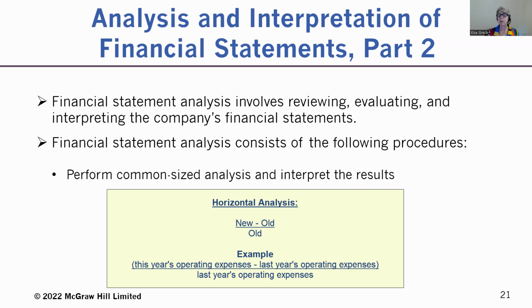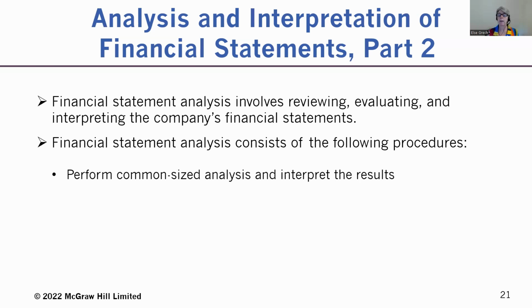So if sales are $1,000 this year, and they were $900 last year, we would do new, $1,000 from this year, minus old, which is 900, all divided by 900. So that is 100 divided by 900, which is 11%. That indicates to us between last year and this year that sales increased by 11%. We would do that for all the line items.